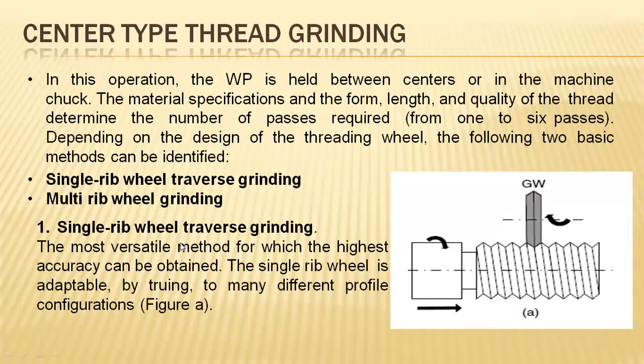So in the case of the single rib wheel traverse grinding process, we get the highest accuracy because, in order to get the correct flute lengths and different profile configurations, this single rib process is suitable.